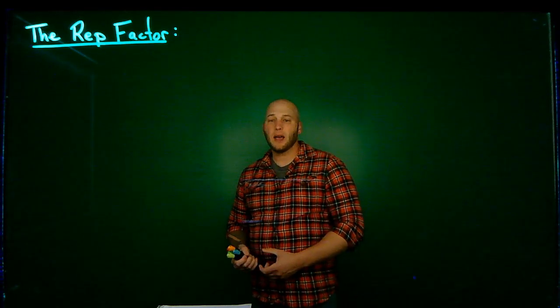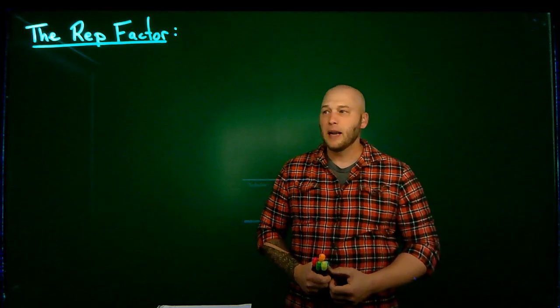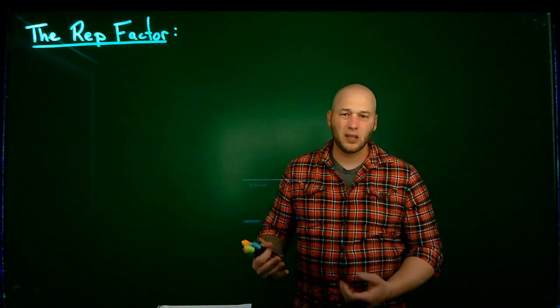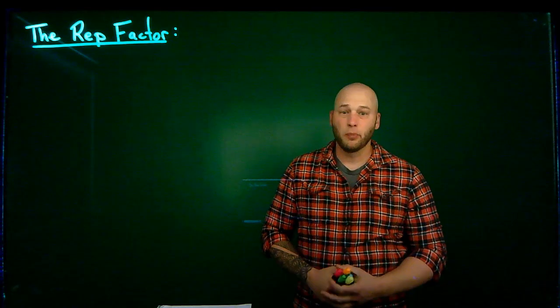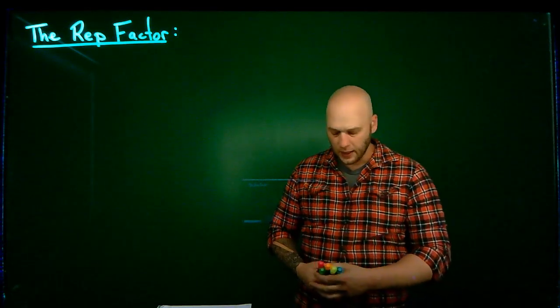I want to take a look at something called the rep factor. Now, this is an application of a pretty simple algebraic formula that you can apply to weightlifting. And here's what it says.